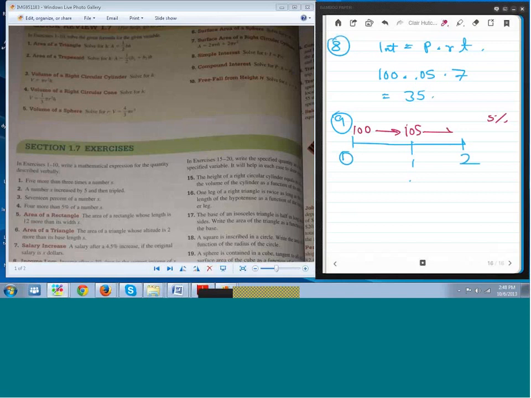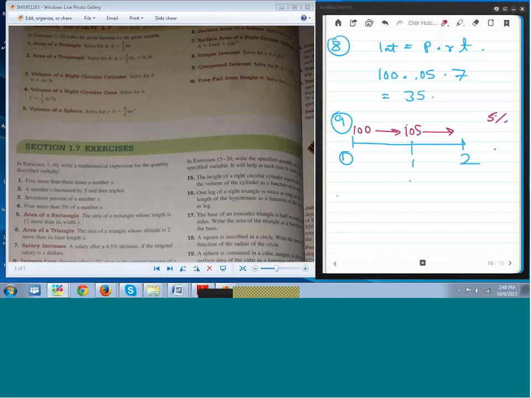Then it goes up another 5%. Now this extra $5 got reinvested again. So it's not only the extra $5 out of this $100. This $5 will make some extra money too.